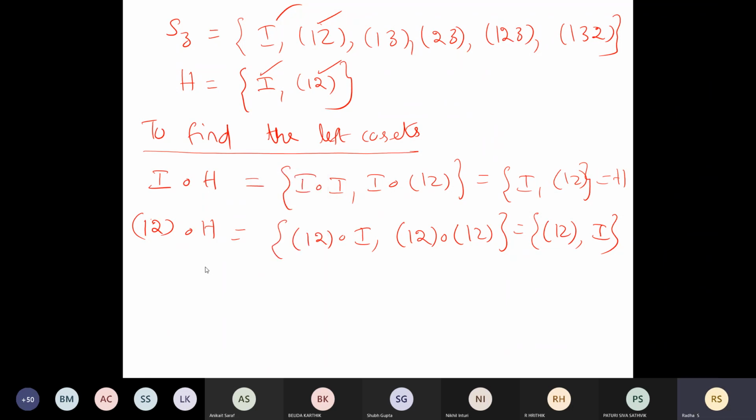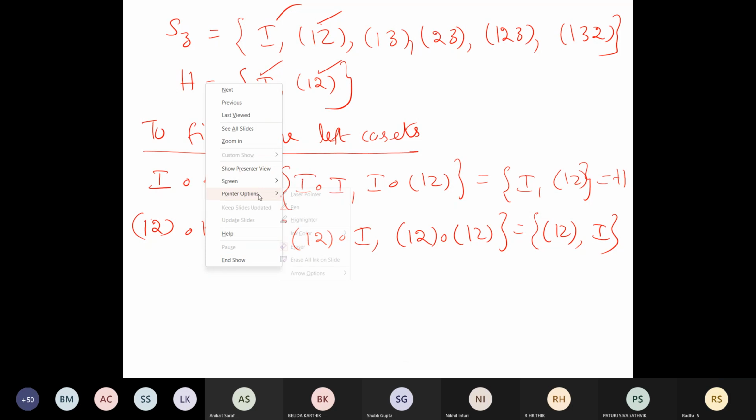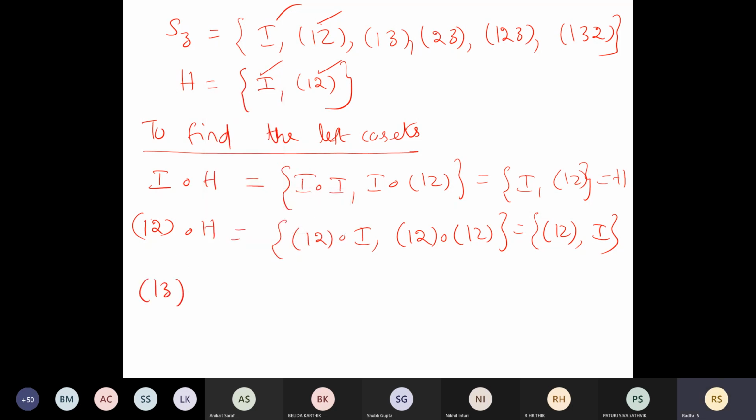Next we'll go to (1 3) composition H. What is (1 3) composition H? (1 3) composition I, (1 3) composition (1 2). Can you find what is (1 3) composition (1 2)?